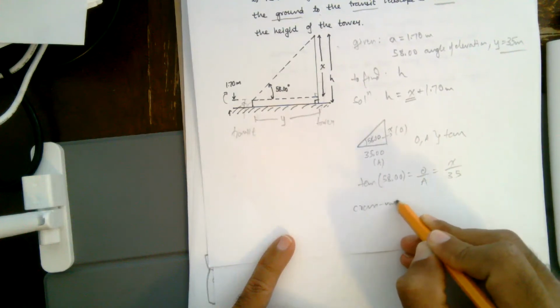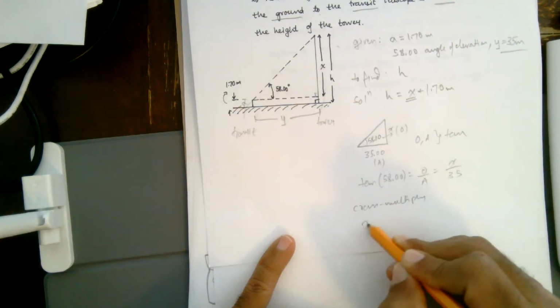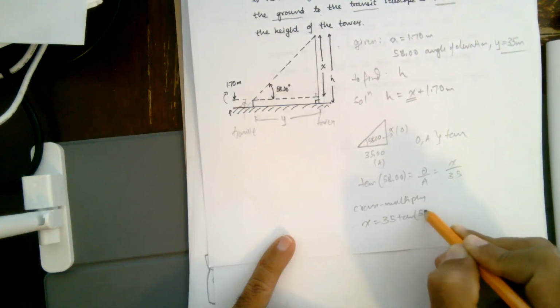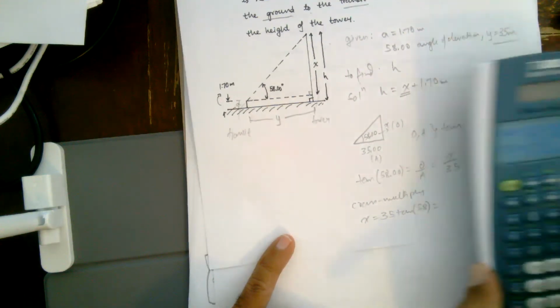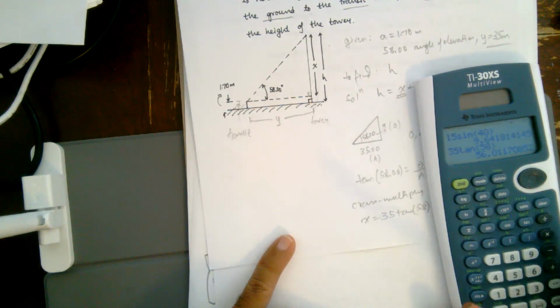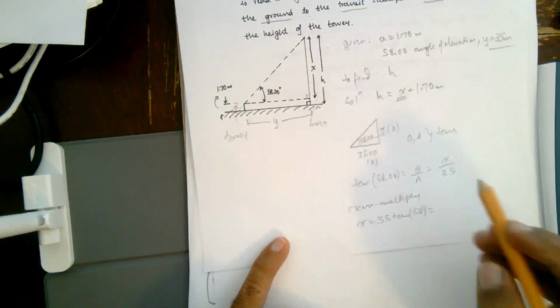Cross multiply to get x is 35 tan 58 degrees, which is 56.01.